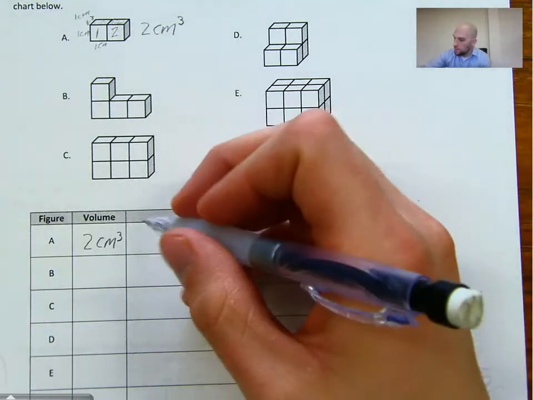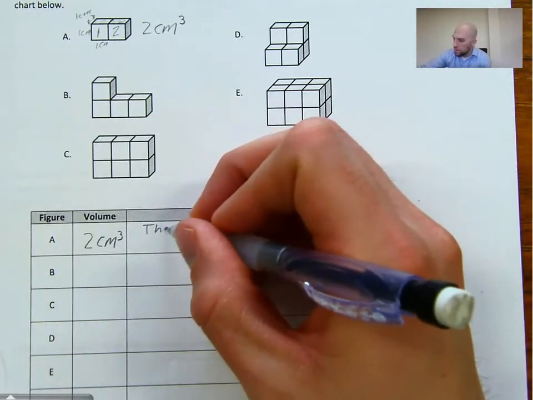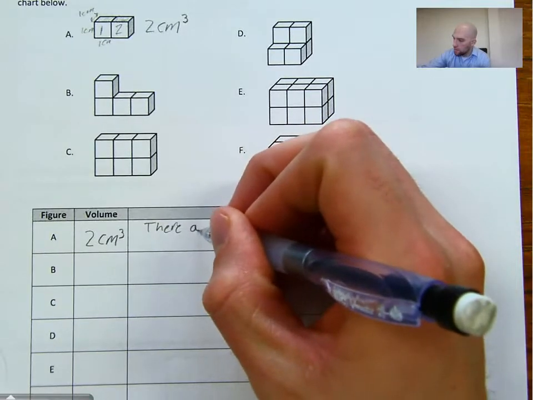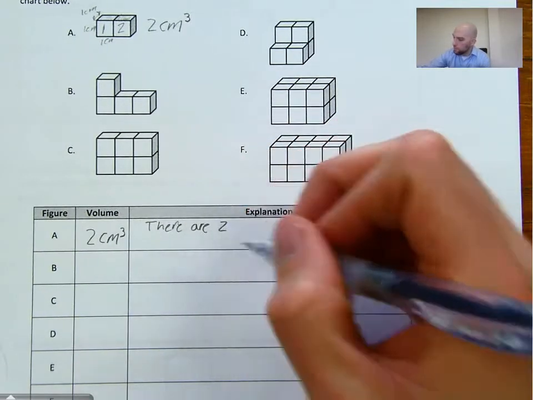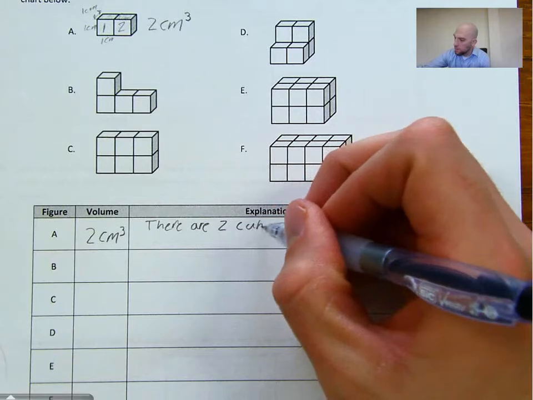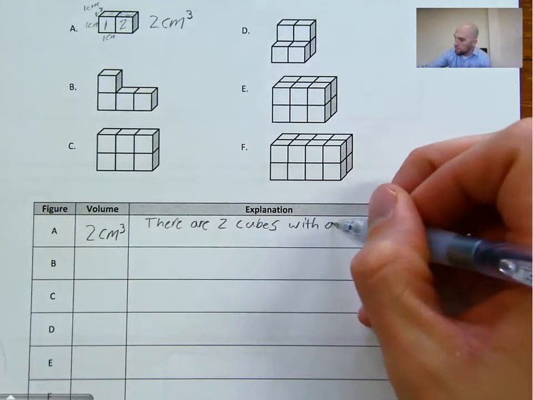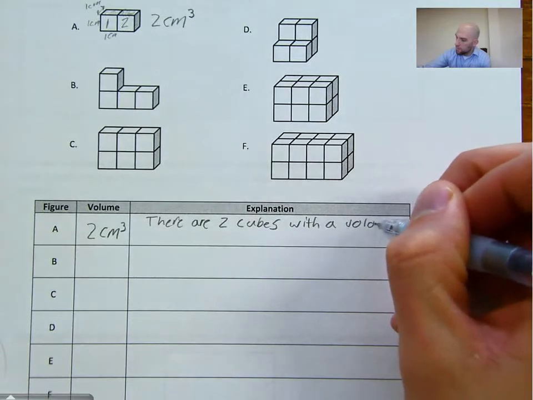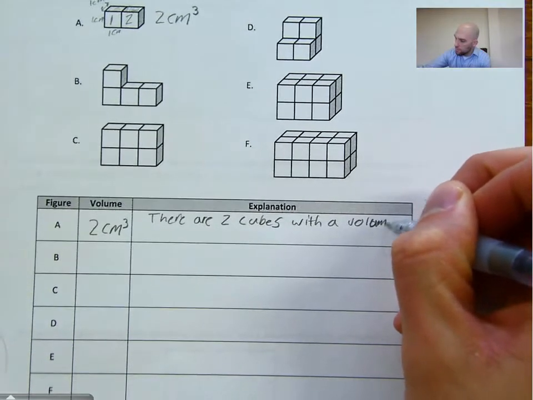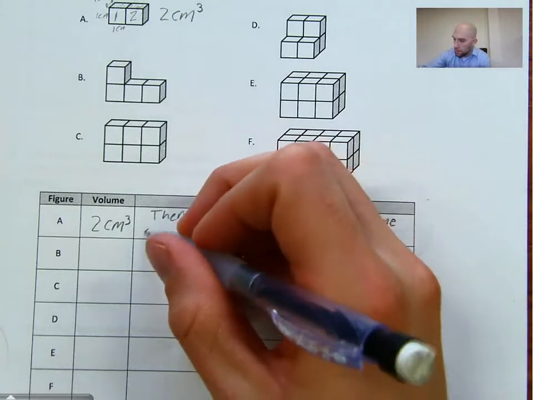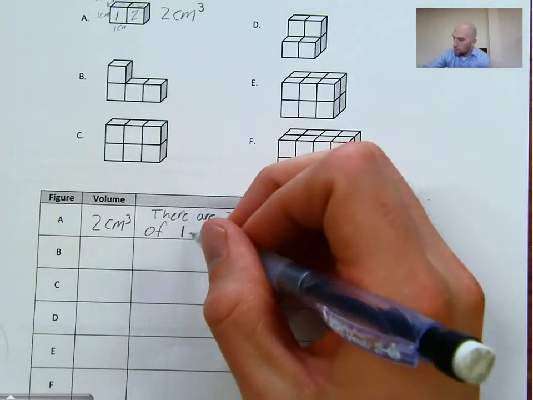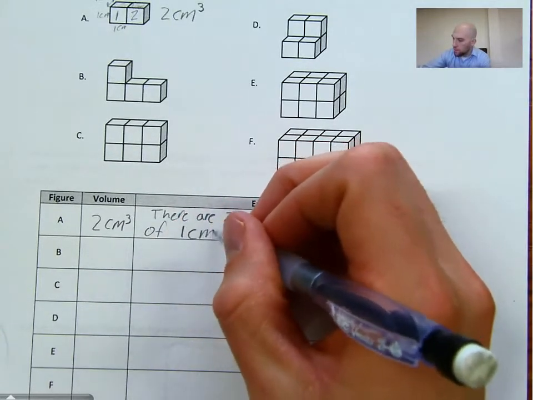And in my explanation, I'm going to say there are 2 cubes with a volume of 1 cubic centimeter each.